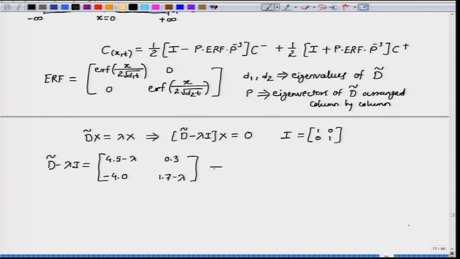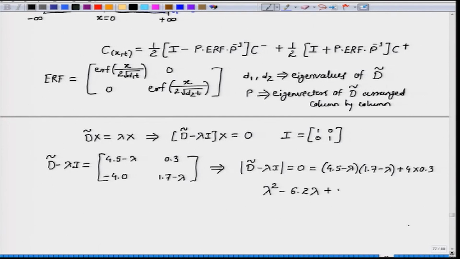Now we need to evaluate lambda by putting the determinant of d tilde minus lambda I equal to 0. The determinant is (4.5 minus lambda) times (1.7 minus lambda) minus, and there is a minus sign again here, so this should be plus 4 times 0.3. We will get a quadratic equation in the form lambda square minus 6.2 lambda plus 8.85 equal to 0.